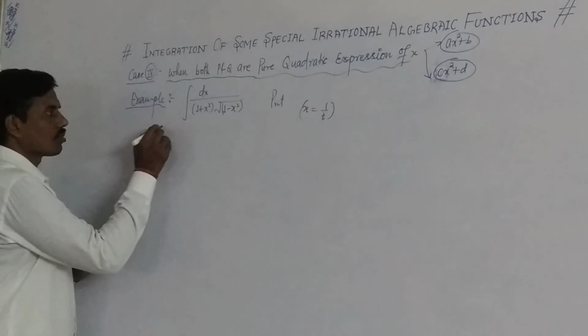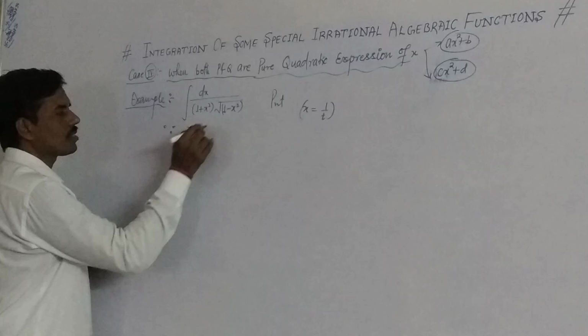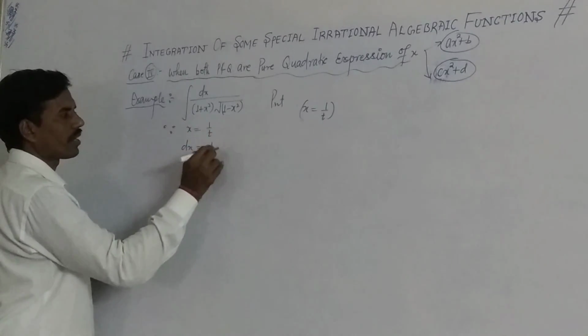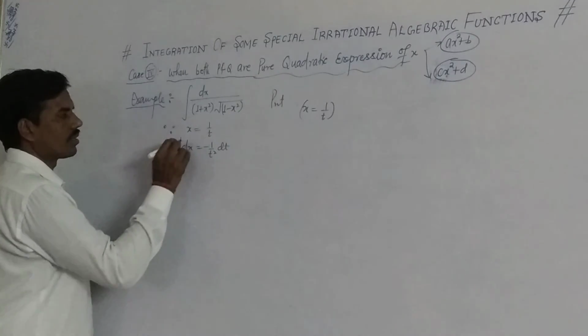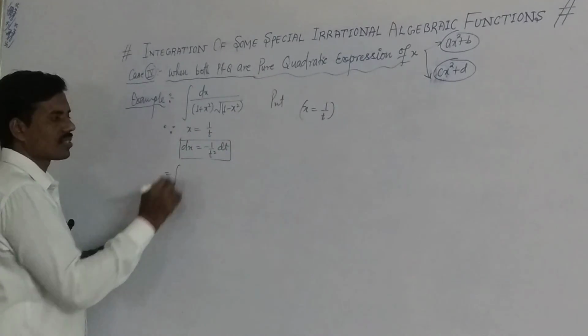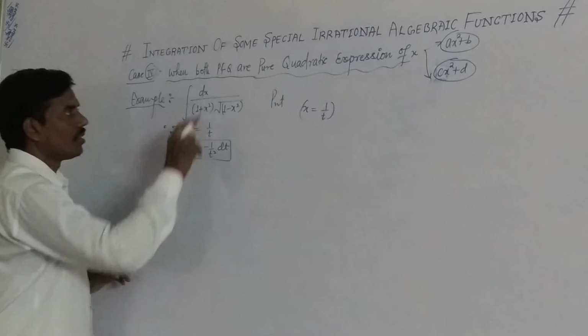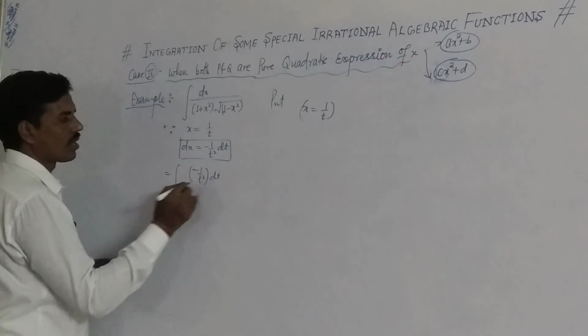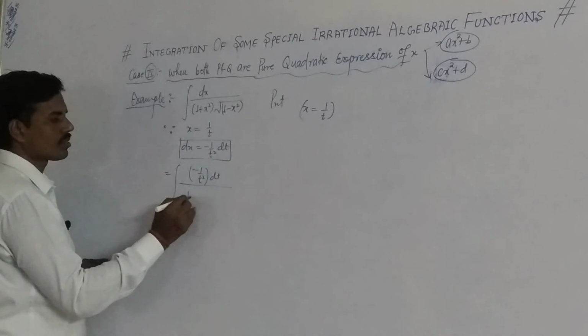Since x is equal to 1 by t, then dx is equal to minus 1 upon t square dt. Clear? Let us change the variable, that is dx is equal to minus 1 upon t square dt, whole divided by 1 plus t square.